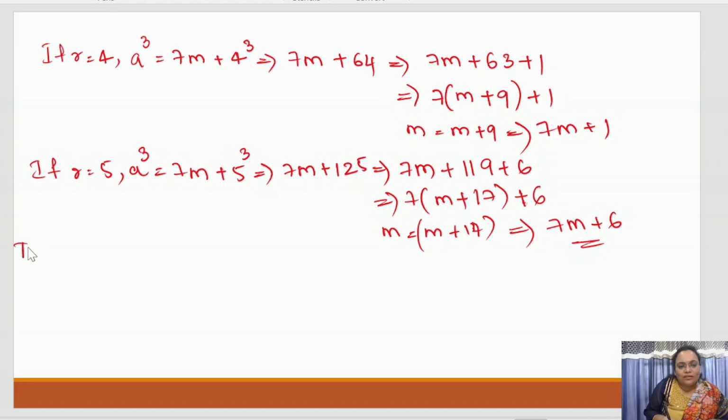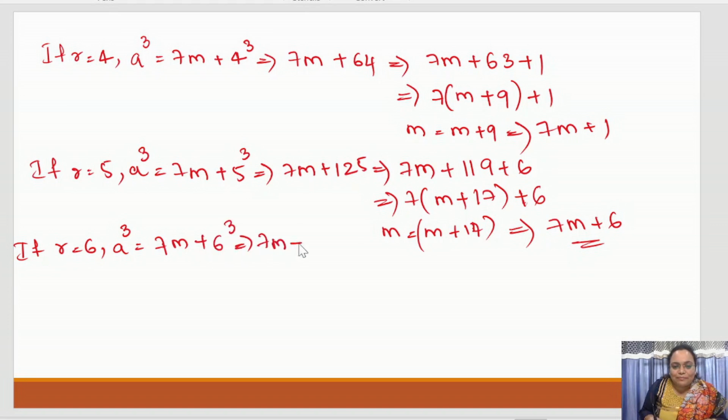Now the last one, if r is equal to 6, a cube will be 7m plus 6 cube. So 6 cube is 216, and 216 can be written as 7m plus 210 plus 6.